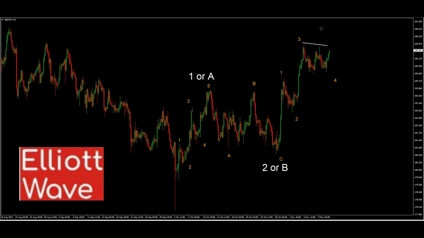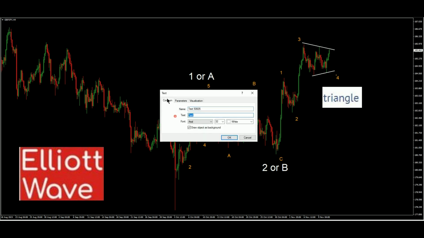We have a triangle here, A, B, C, D, E. Maybe we have an A, B, C, D, E. And then here, wave 3 or C.